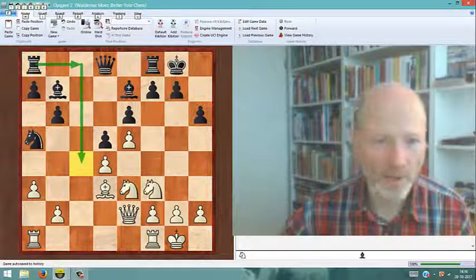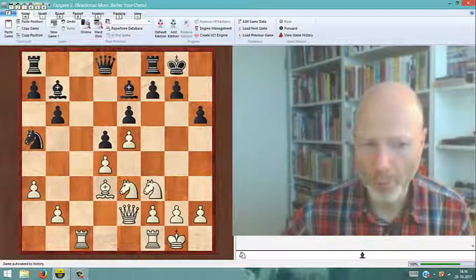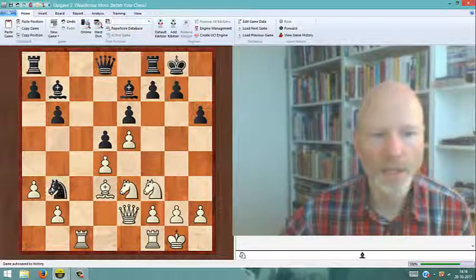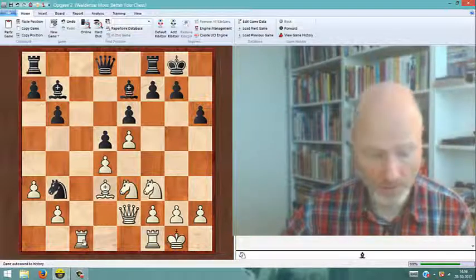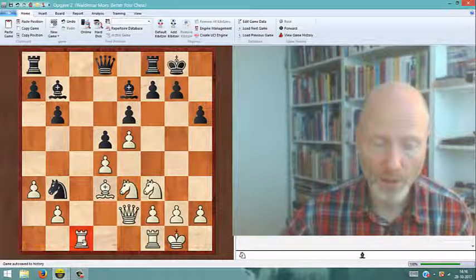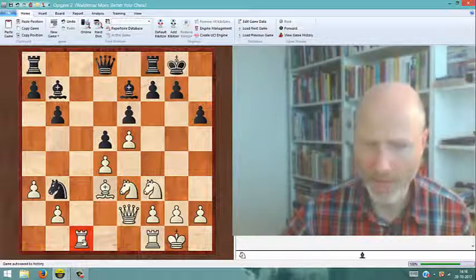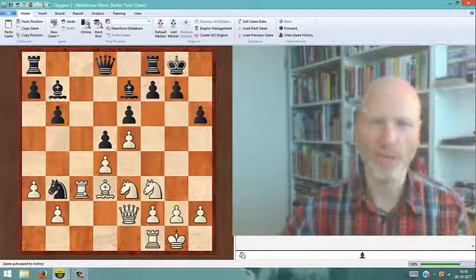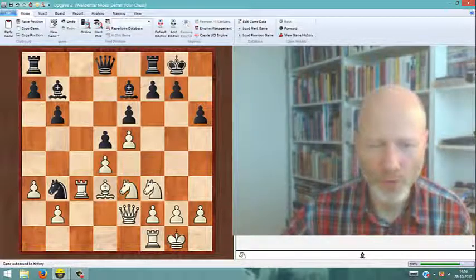But here, after rook ac1, which is now perfectly possible, it's not really such a big deal, because this attack against, momentarily, a weakness, because the rook is worth more than the knight, is not really a big problem. We can just simply counter-attack the knight, and it is actually white who is now getting the initiative.